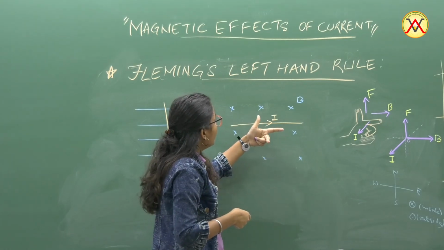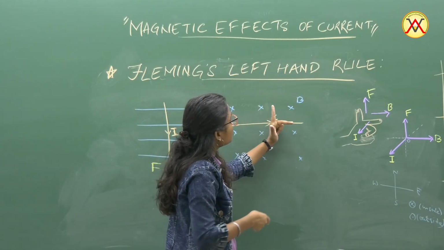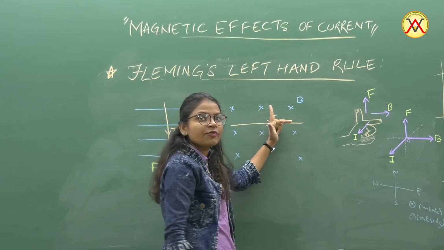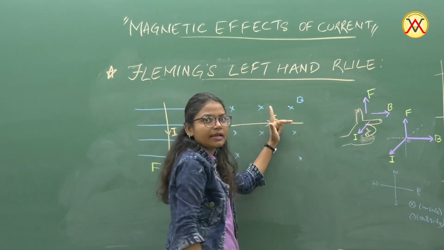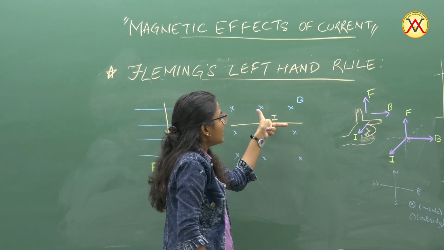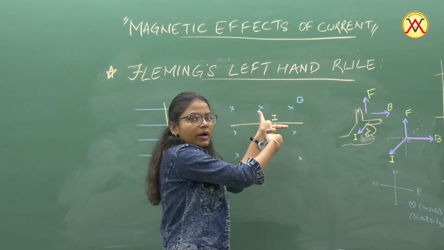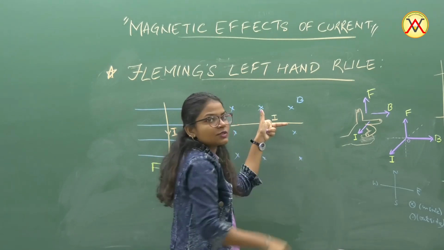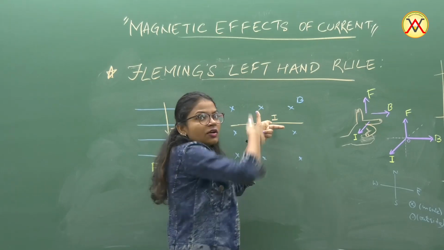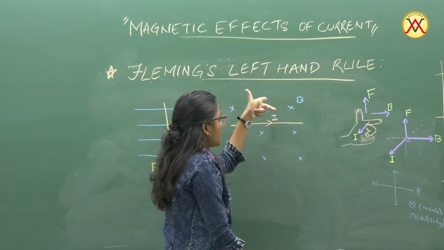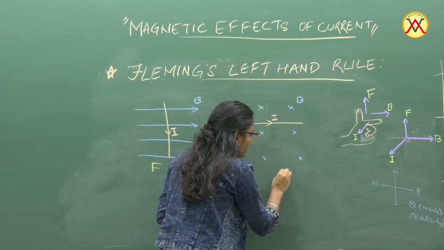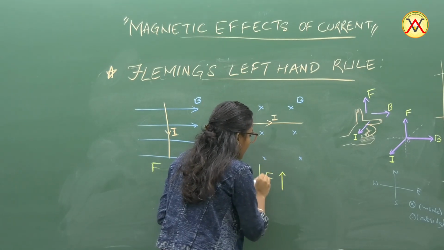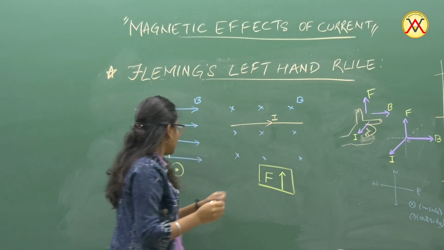Now, if I fix the direction of current like this, we need to rotate our hand like this. Now, the direction of magnetic field is pointing inward, the direction of current is pointing this side. So, the direction of our force will be going upward, that is towards the north direction. This will be our direction of force in this case.